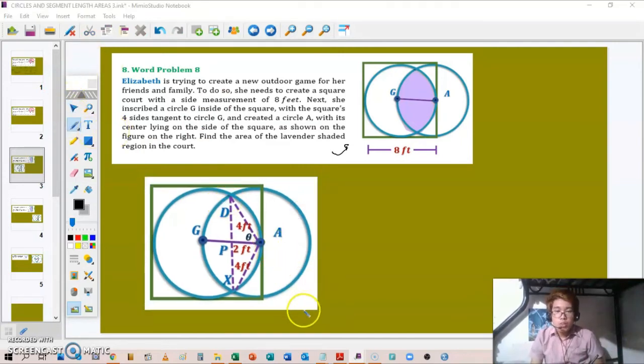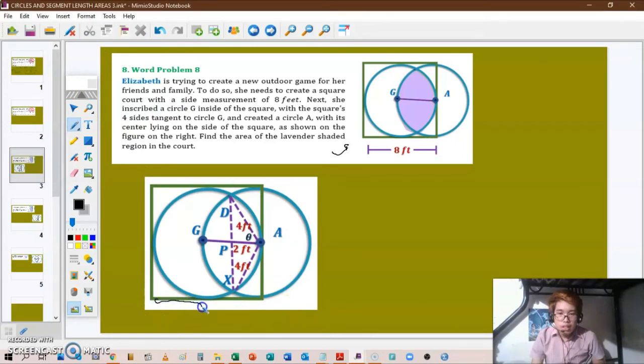Since we know that the side measurement of the square is equal to 8 feet, and the radius of the circle is found at the center of the square, this radius must measure 4 feet. And since it's being shared by both circles G and A, this radius is also equal to 4 feet.